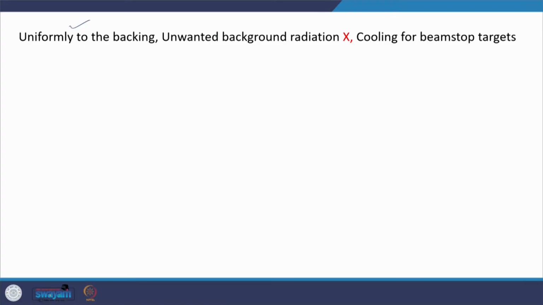And the second important consideration, which is quite important in most situations, is unwanted background radiation. We are interested in the reaction between projectile and target material. We are not at all interested in the reaction between projectile and the backing material. So, one has to ensure that the backing material should not participate in the nuclear reaction with the projectile beam.